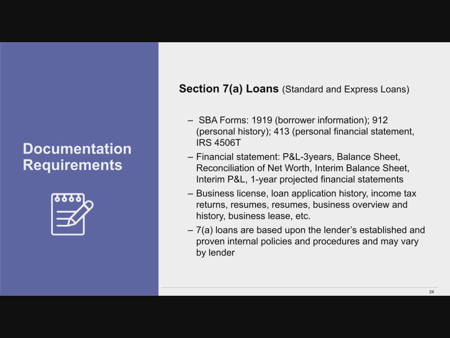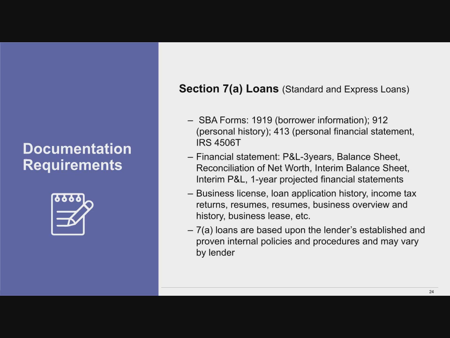The borrower information is on the SBA 1919. The 912 is that statement of personal history: have I ever been bankrupt? Have I ever been arrested? Those are questions that remain today on all of the programs. The 413 is just the personal financial statement. And then the IRS 4506-T is the request to get the transcripts from the IRS. So all of those things that take time to process will continue to take time to process.